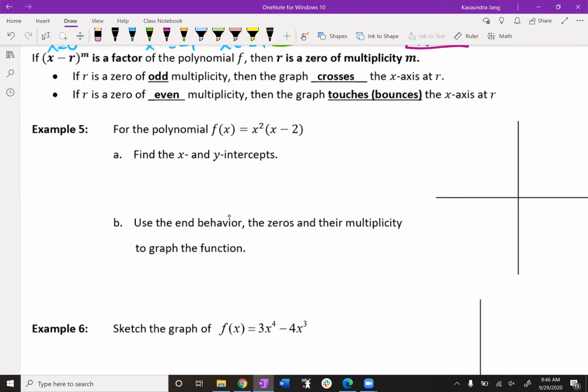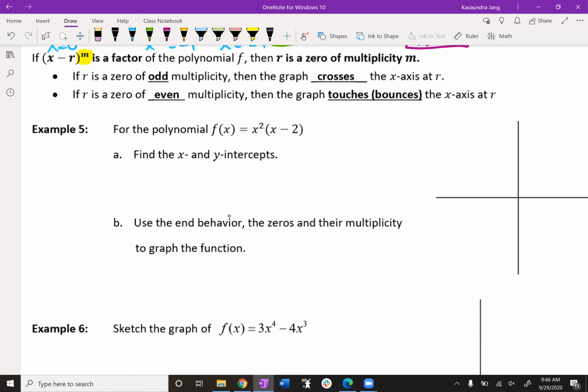Now, m here, my exponent, it kind of tells me how many times I'm multiplying by the same thing. So for them to call it multiplicity kind of makes sense. Like, if I had the whole thing squared, it means I have 2 of the same thing multiplied together. If I had it all cubed, I've got 3 of the same thing multiplied together.